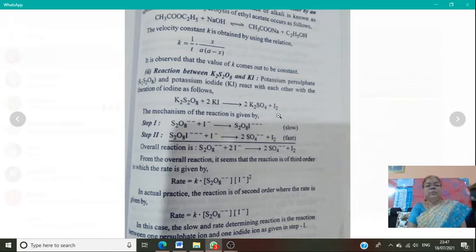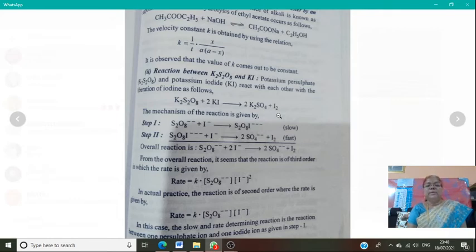And the rate of this reaction is given by K into concentration of persulfate ion into concentration of iodide ion.